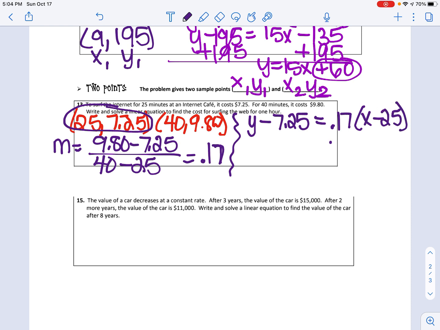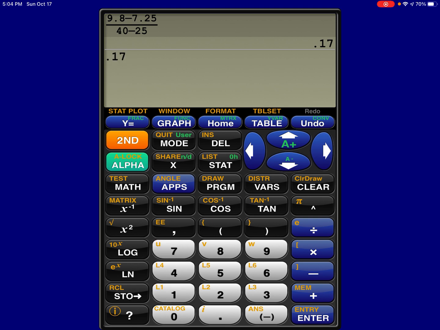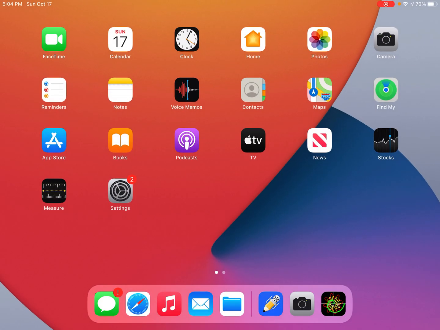And I'm going to distribute the 17 cents. So 0.17 times x is 0.17x. And then 0.17 times 25 is $4.25.